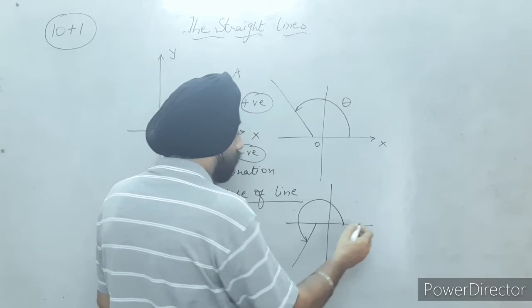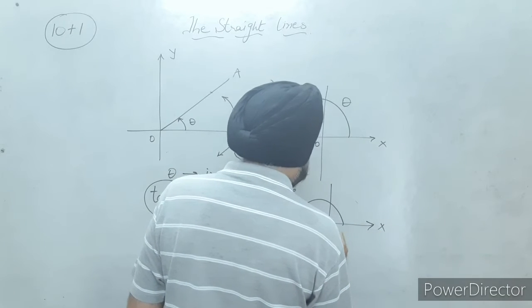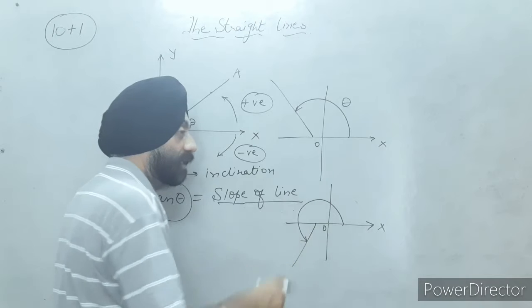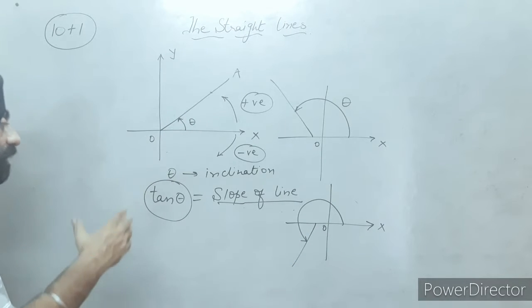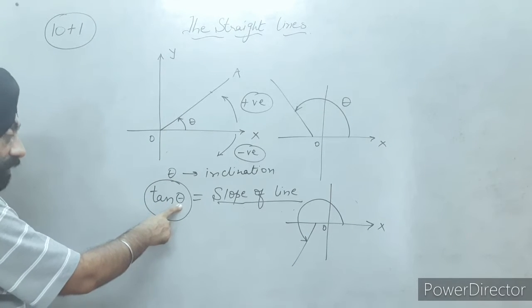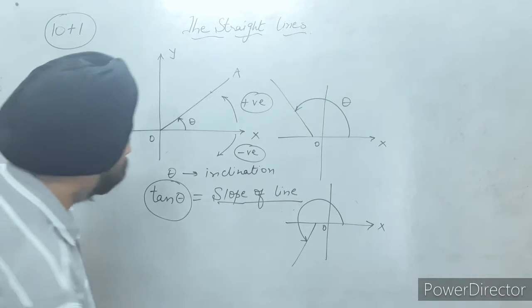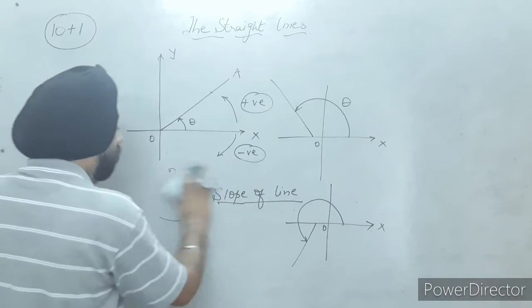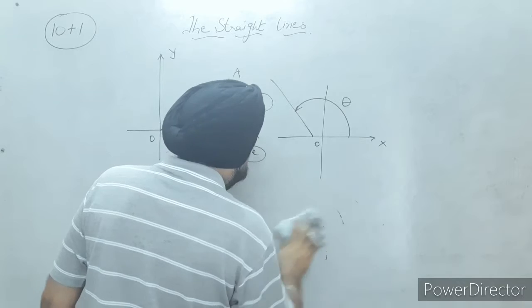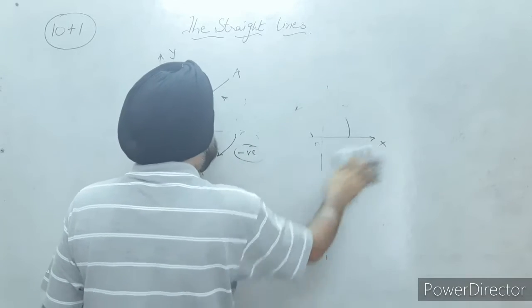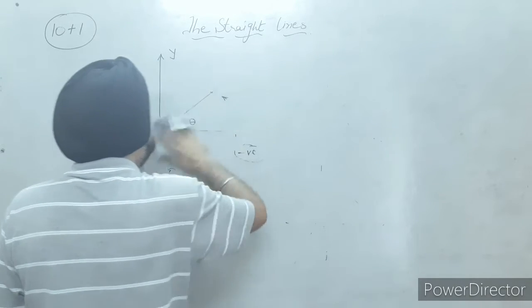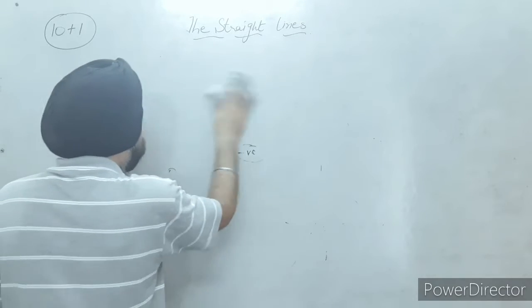This is the angle theta. All the angles will be measured from the positive x-axis, right? And if we take the tan of the angle, then we get the slope of the required line. Now, theta was called the inclination and tan theta is called the slope, right?